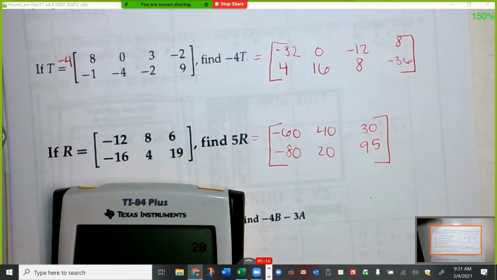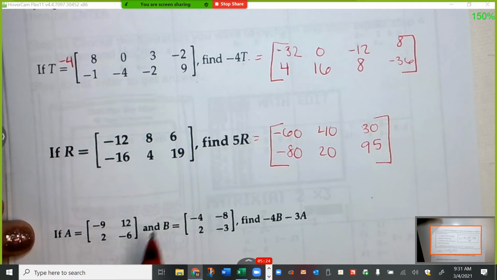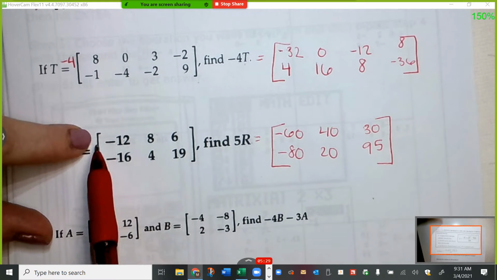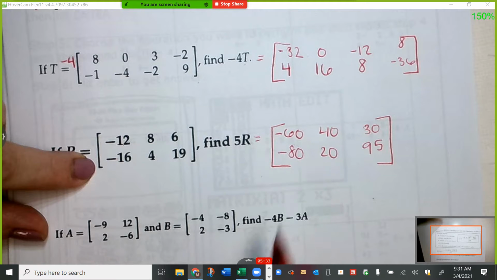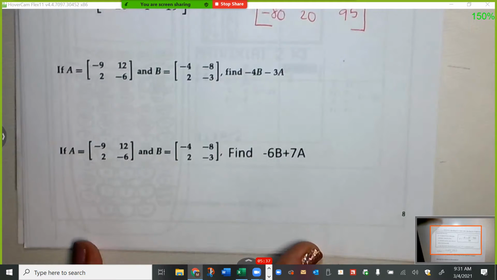Is that what y'all got? Yes, no, maybe so? Any questions? All I did was multiply 5 times all 6 of these numbers, but keep them in the same place. So 5 times negative 12 stayed in that spot. 5 times negative 16 stayed in that spot. Yes? Okay. So now look at these. They get a little different.